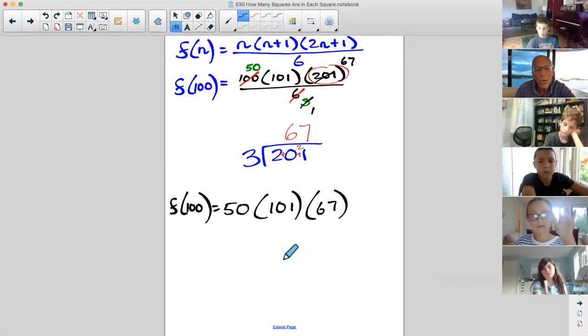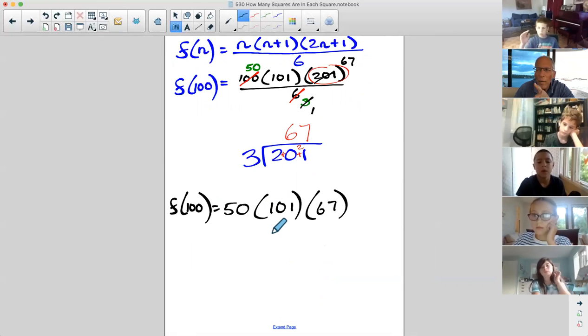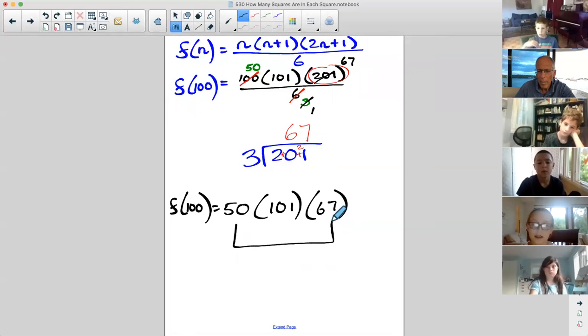I think that's okay, but those are the easiest. I always like to multiply the hardest ones first. But that's good, why don't you try that? Hannah? Well, I would start with 50 and 67 because it's easier to multiply things by 101.